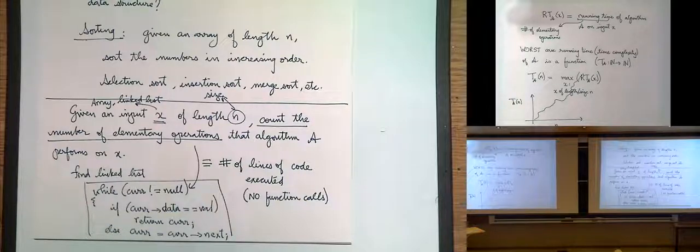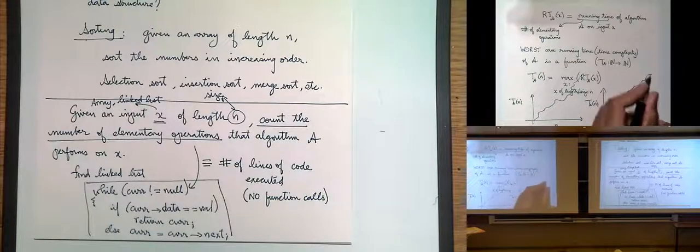What is a well-behaved function? A mathematical function that you study in calculus, like a polynomial. This function may have some strange behavior. Maybe at even n it does something different than at odd n, like off-by-one things. So maybe your function looks like this. It could look something like that.